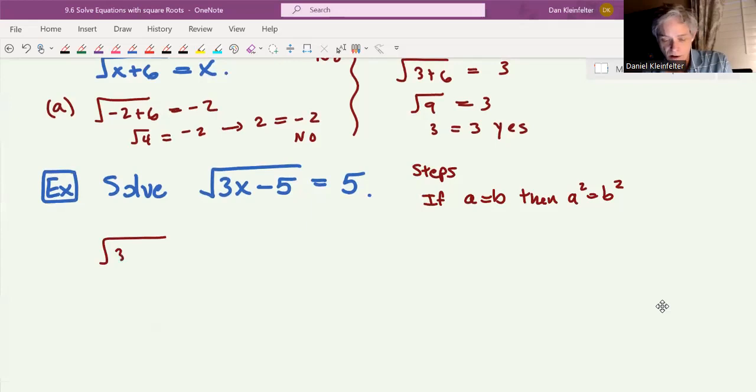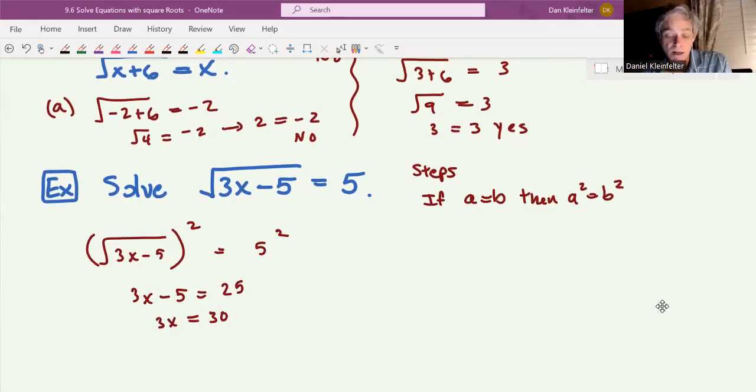We'll square both sides. If you take the square root of 3x minus 5 and square that, you should just get 3x minus 5. The right side will be 5 squared, or 25. Solving for x, we'll get 10.